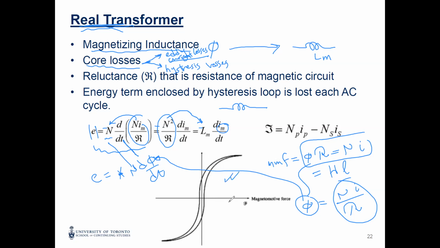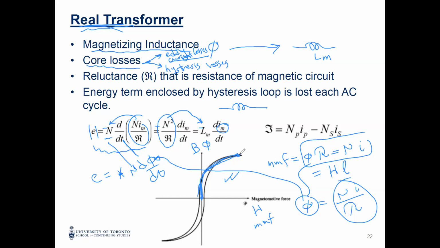This is the hysteresis loop. We start from this point and then go increasing the current. This is like the BH, or MMF and the phi. You increase the current, you reach the saturation level, then you decrease it. You will find some kind of mismatch.